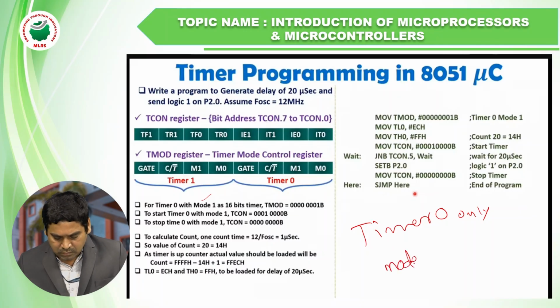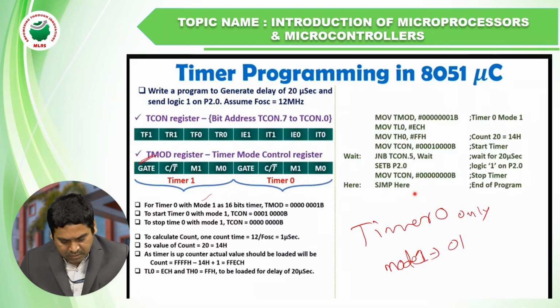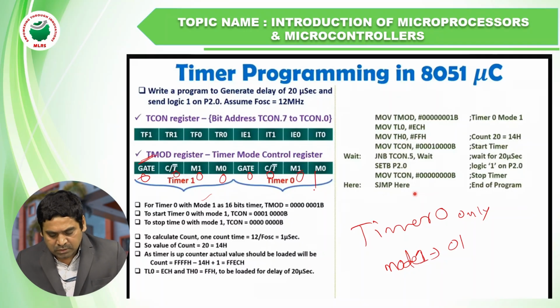You can check this in the TMOD register. Here all the other bits are 0, so TMOD equals 0000 0001 B, where the 0 1 case is mode 1. B represents binary notation.